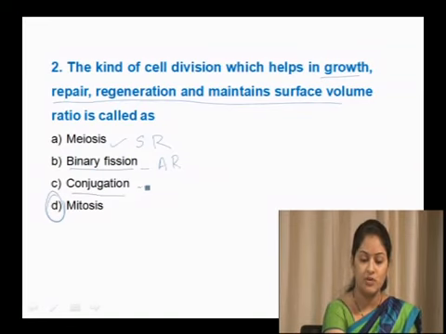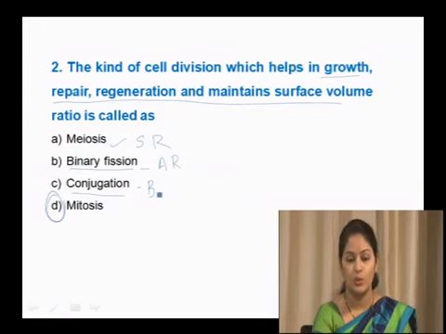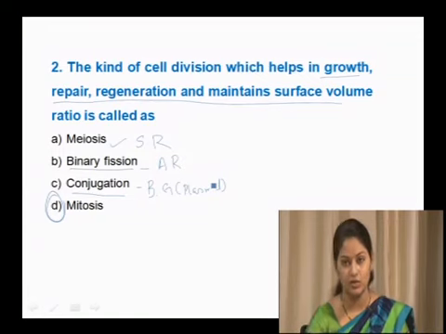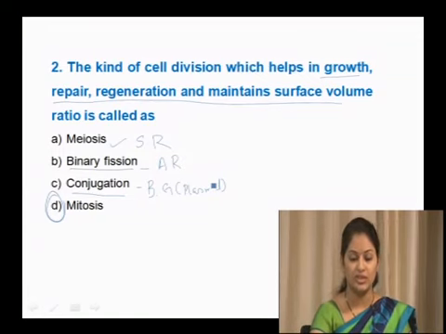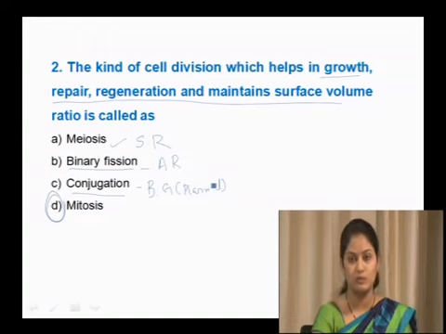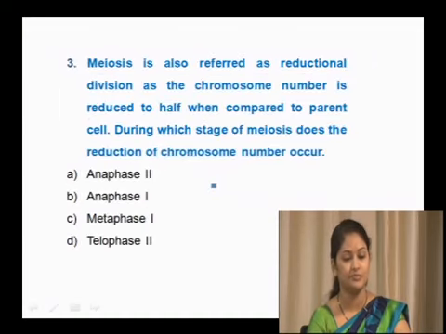Conjugation is a process observed only in case of bacterial cells, where the genetic material in the form of plasmids is shifted from one cell to another. So conjugation is a method of genetic material shifting found in bacteria. Binary fission is a kind of asexual reproduction. Meiosis is associated with sexual reproduction. Therefore, the answer for this question is D.